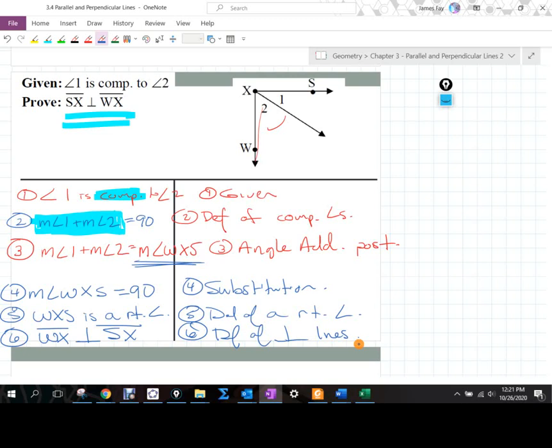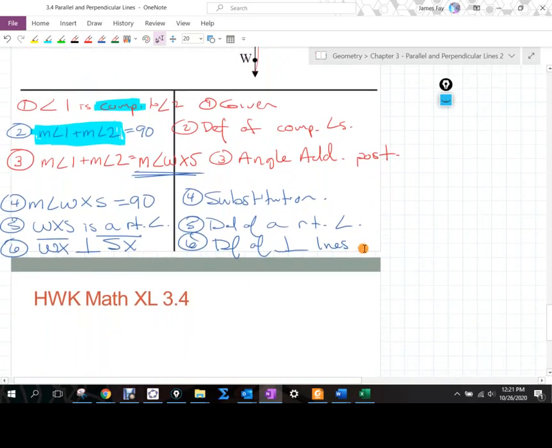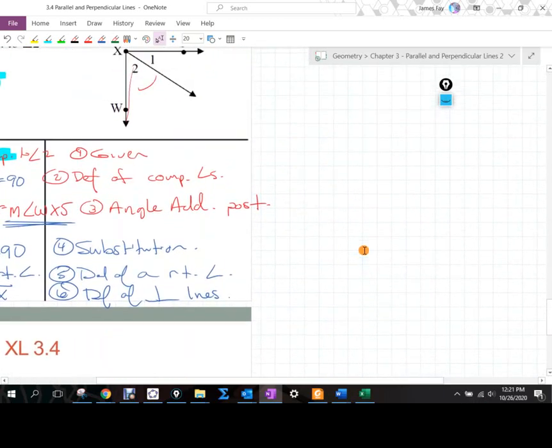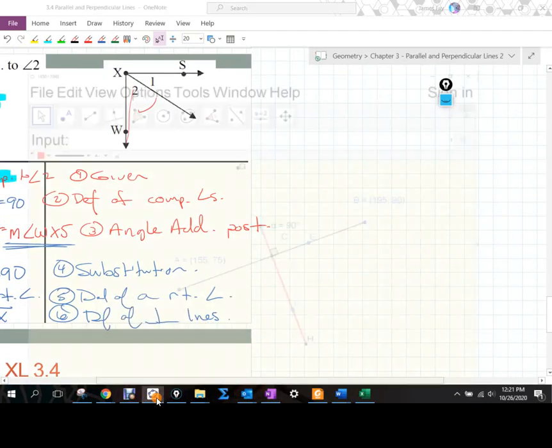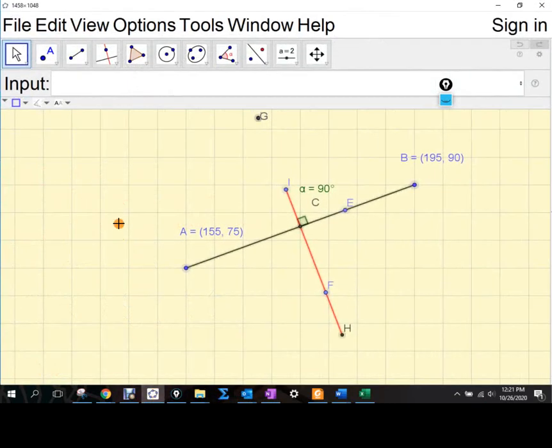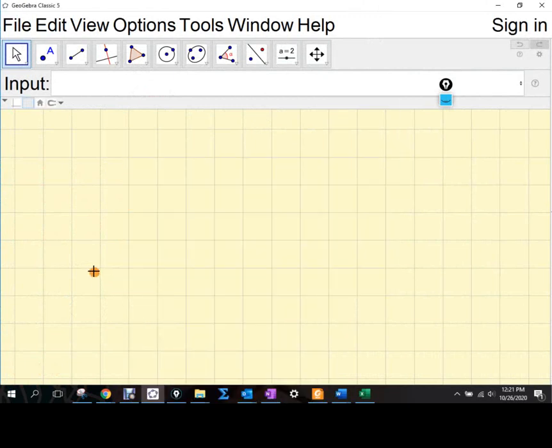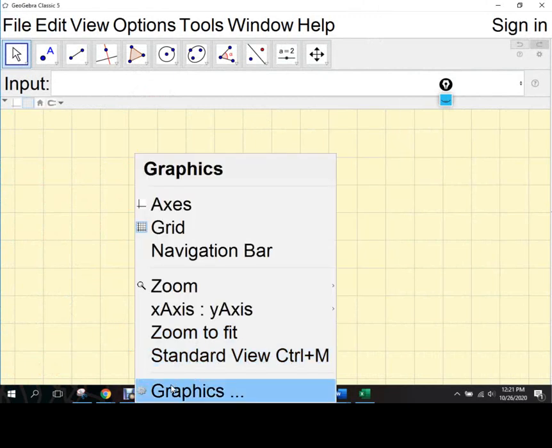Do you guys remember, because this is going to become something that's going to be very important for us in the future, so we've got a little bit of time right now to talk about it. Do you guys remember what has to be true for two lines in algebra to be parallel?